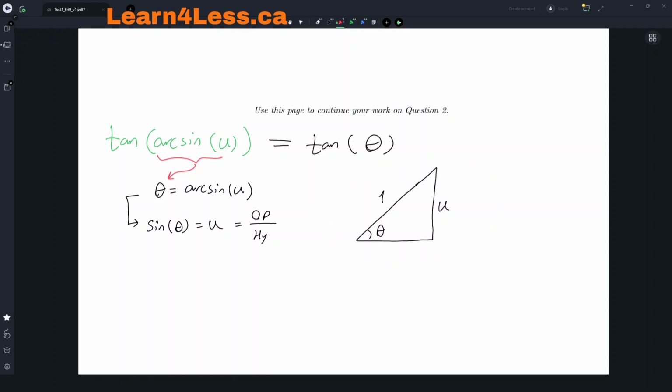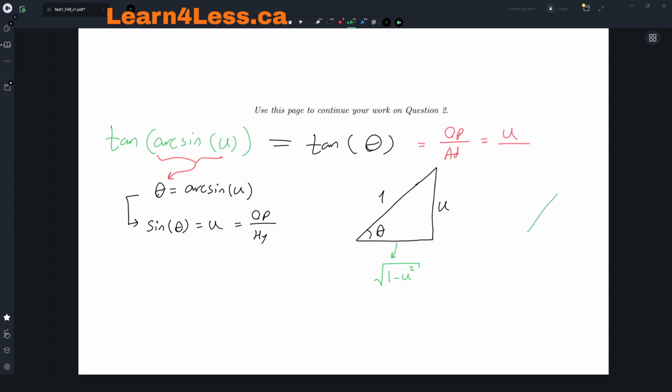Tan of theta is opposite over adjacent, basically u over adjacent. Let's evaluate the length of these. How do we do that? We do that by using Pythagoras. So this side is square root of 1 minus u squared.